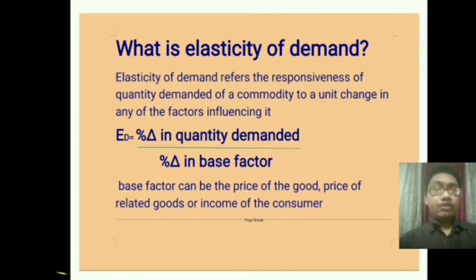Now, base factor can be any of the factors influencing demand for a commodity. It can be price of the good, price of related goods, and income of the consumer. There are other factors as well, taste and preferences and future price expectations of consumer. However, these cannot be quantified and therefore we cannot measure elasticity of demand with respect to these factors.